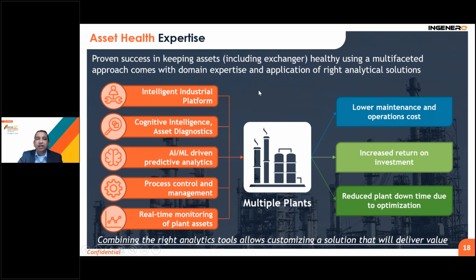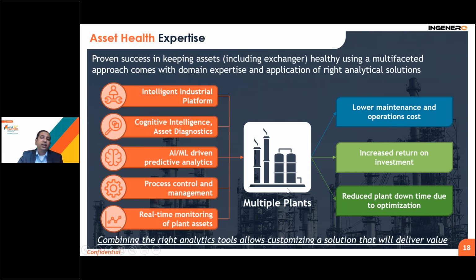Proven success in keeping these assets healthy using a multifaceted approach comes with domain expertise and application of the right analytical solutions. It's important to understand that combining the right tools is very important, along with customizing them with the end solution so that it delivers value to end users.